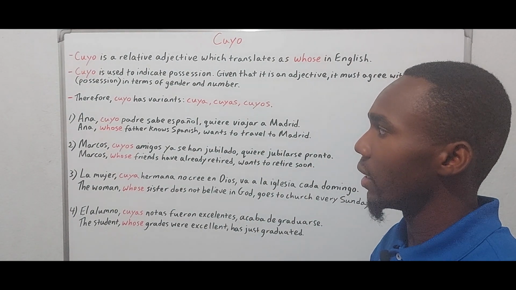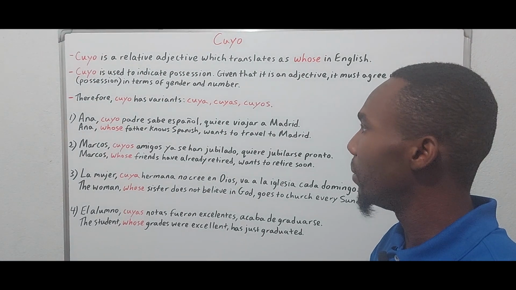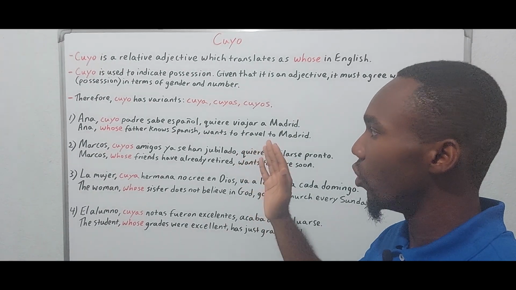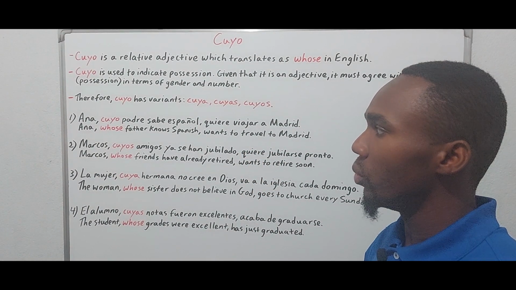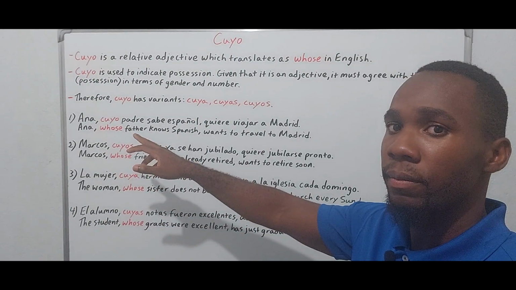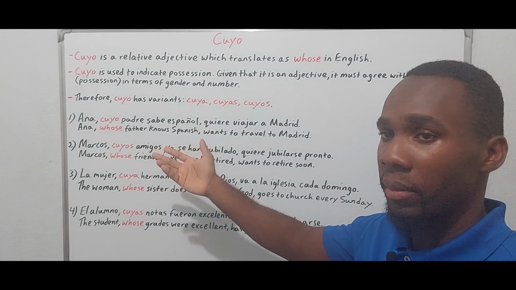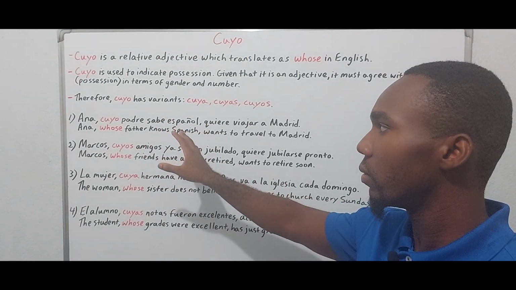1. Ana, cuyo padre sabe español, quiere viajar a Madrid. Ana, whose father knows Spanish, wants to travel to Madrid. So we see Ana is our subject, right? Which is singular and feminine. Cuyo padre, whose father?